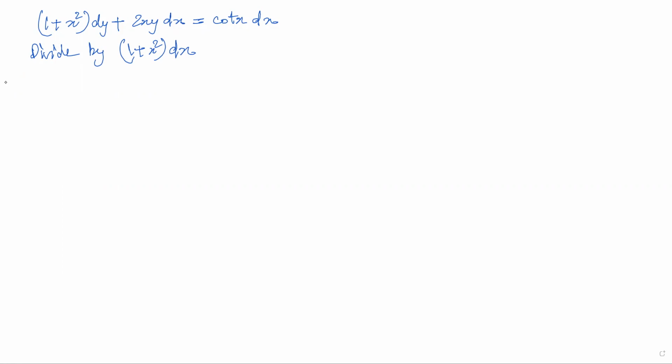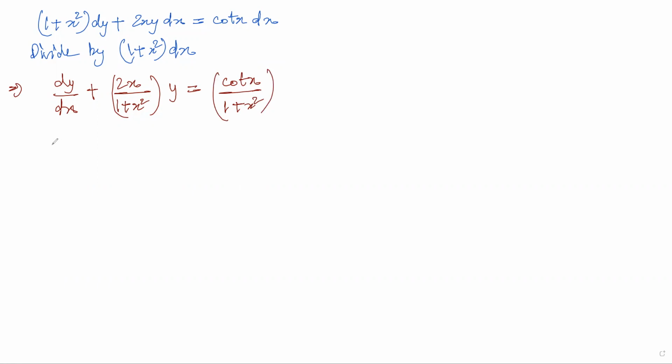we'll get dy by dx plus 2x divided by 1 plus x square into y is equals to cot x divided by 1 plus x square. You can check that. Now P is 2x by 1 plus x square and Q is cot x by 1 plus x square.